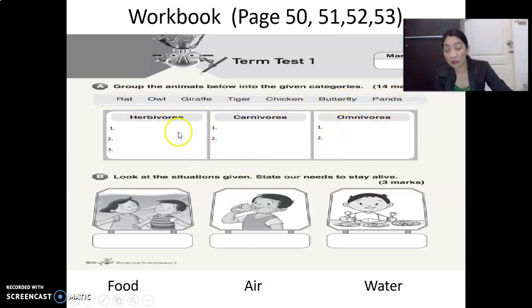Which are herbivores, carnivores, omnivores? Letter B: look at the situation given. State our need to stay alive. These are the choices: food, air, and water.